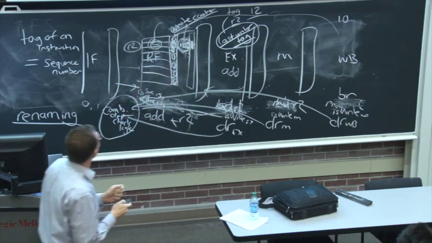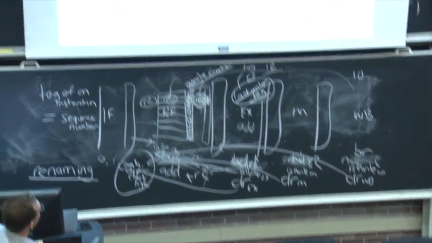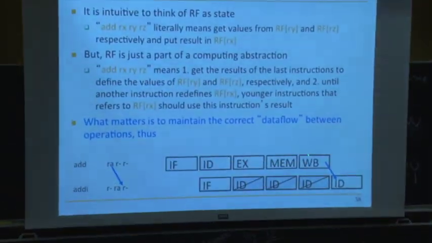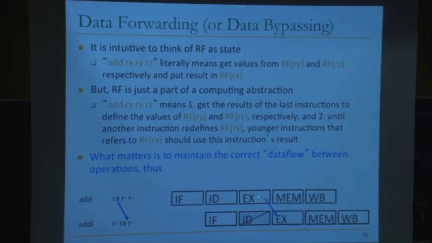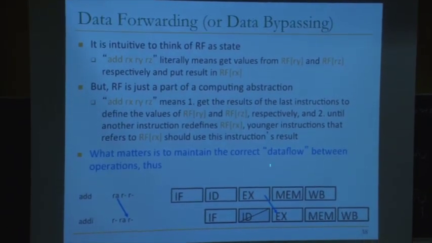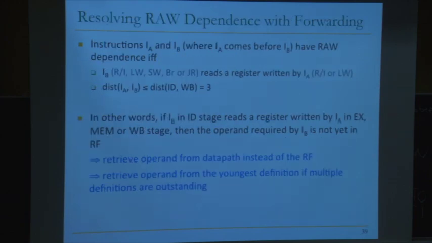Let's take a look at how we do that. Basically, instead of the next add waiting until this instruction writes its value to the register file, when this first add produces its value, which is here after execute, the next add can execute right away and capture its value. Okay? So how do you do that? Well, you can read this again. This is going to help you with your implementation in the lab.